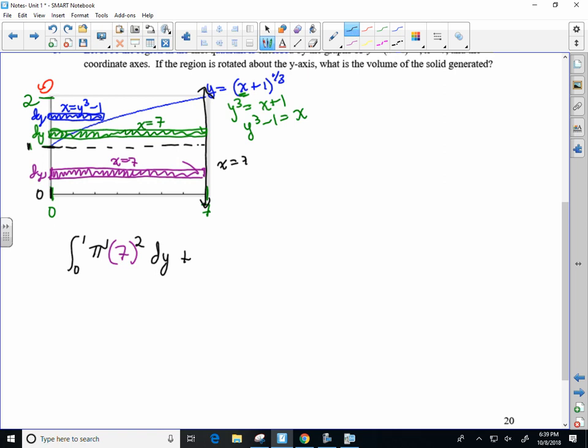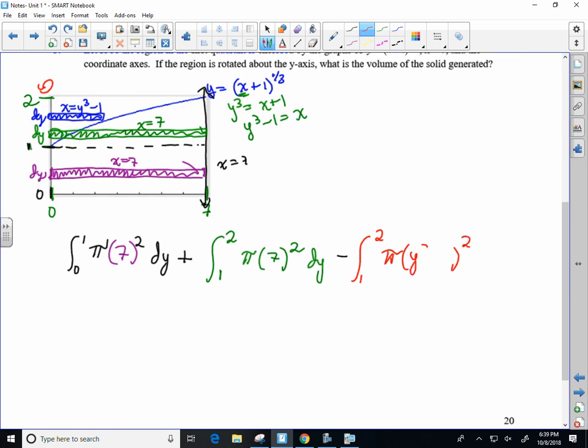So plus integral going from 1 to 2. We have a pi r squared, that r is a 7, dy. And then from that we subtract, also in the interval of 1 to 2, a pi times the other x squared.